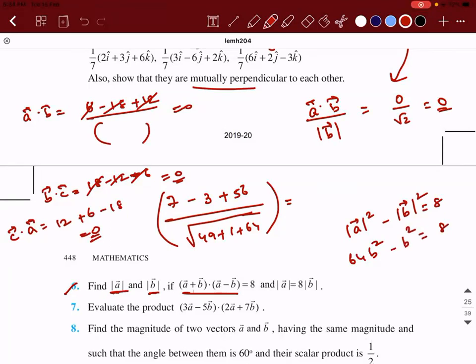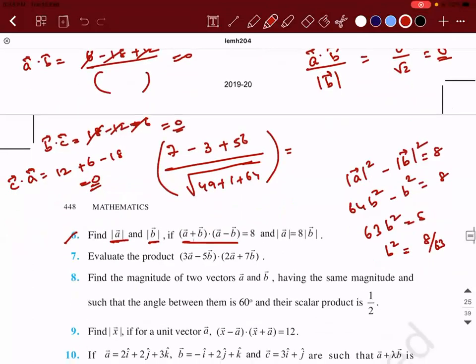Did I make it A square minus B square plus A dot B minus A dot B is equal to 8, and A is already 8 times B. So 64 B square minus B square is equal to 8. So 63 B square is 8.